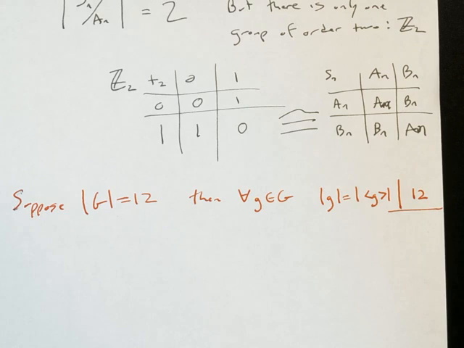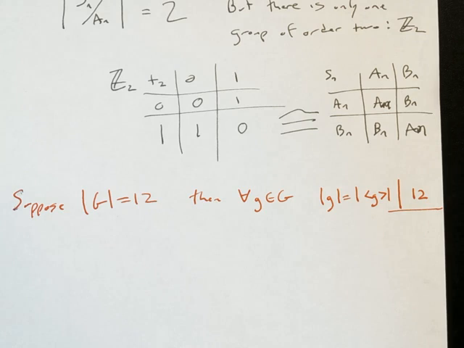So here's a question for you. Lagrange's theorem says the order of a subgroup must divide 12. That doesn't require me to have a subgroup of order 1, 2, 3, 4, 6, or 12. Could, it might not.